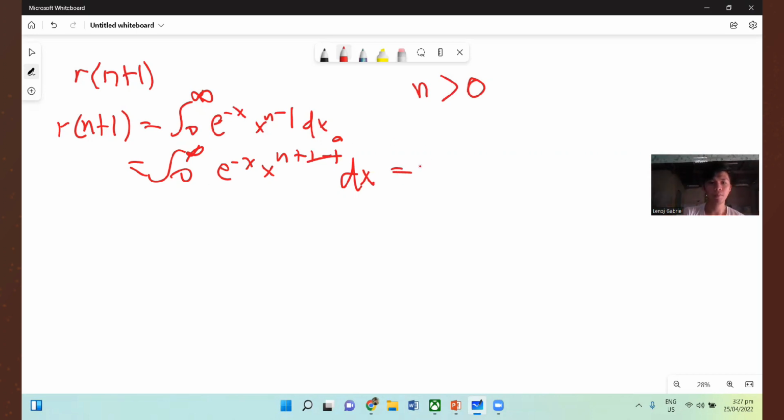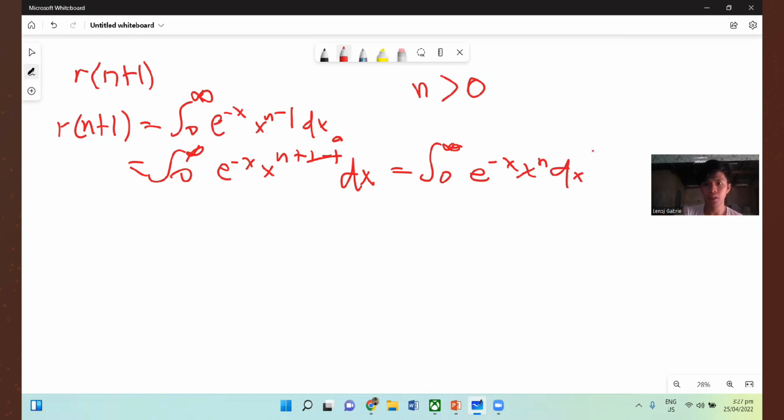So n na lang matitira. So magiging n times the integral from 0 to infinity of e raised to negative x, x raised to n minus 1 dx. So we are now going to integrate this.